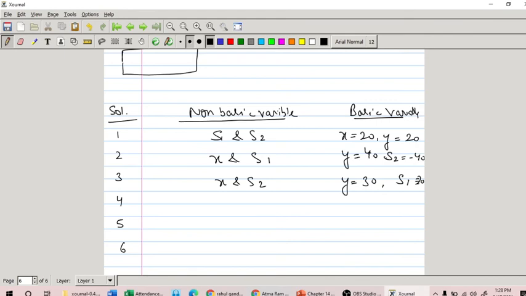In the fourth scenario value of y and s1 put as 0. In the fifth scenario value of y and s2 put as 0.